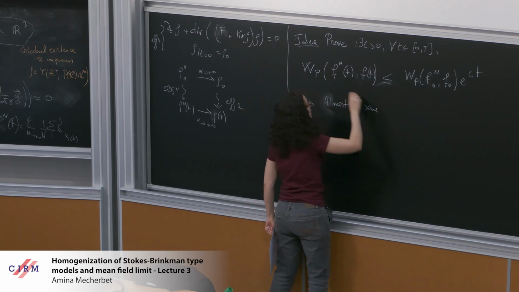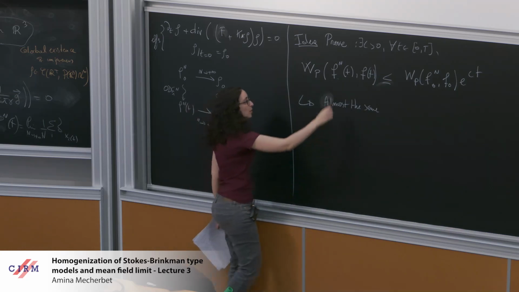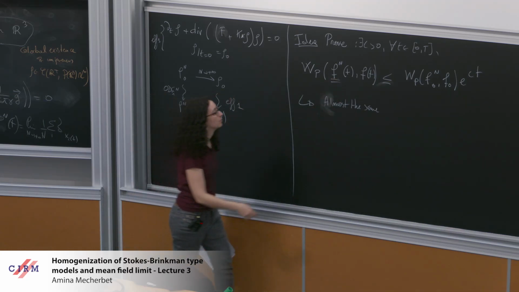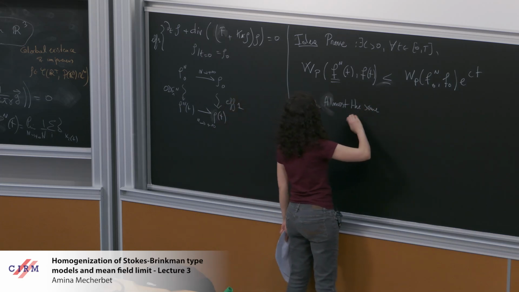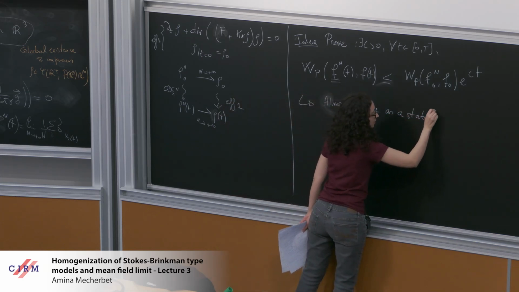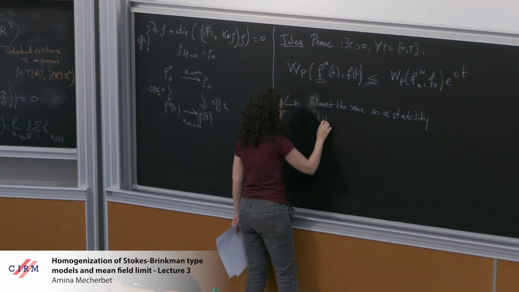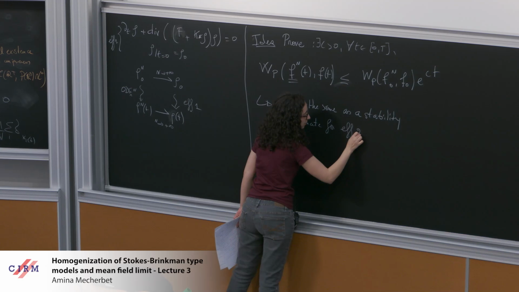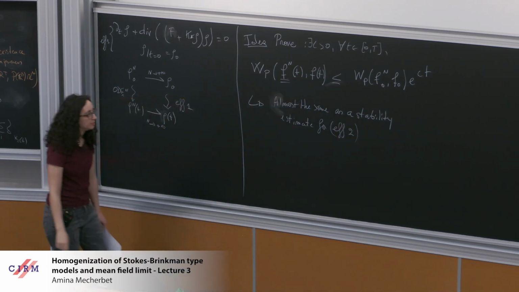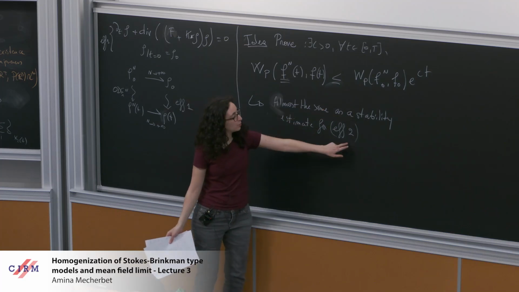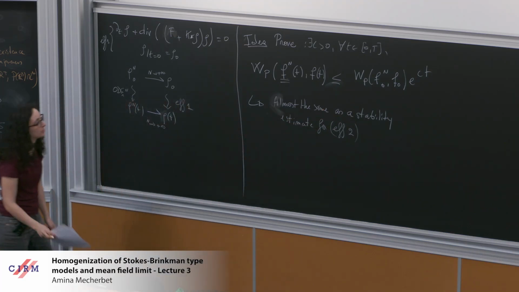If you can do it for some probability measures which are not absolutely continuous with respect to the Lebesgue measure, then you can say that it's almost the same as a stability estimate for the limit model in finite time. Meaning that this will allow you to prove uniqueness for the effective model also.